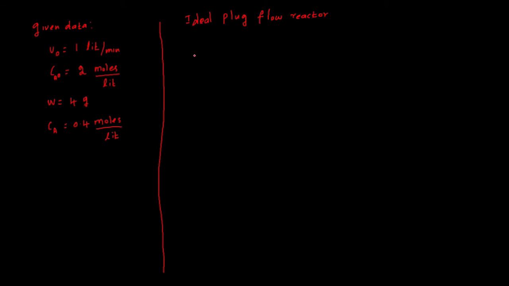The design equation for ideal plug flow reactor is V by Fa naught, that is equal to integral of 0 to Xa dXa divided by minus Ra, or W divided by Fa naught, that is equal to integral of 0 to Xa dXa divided by minus Ra.